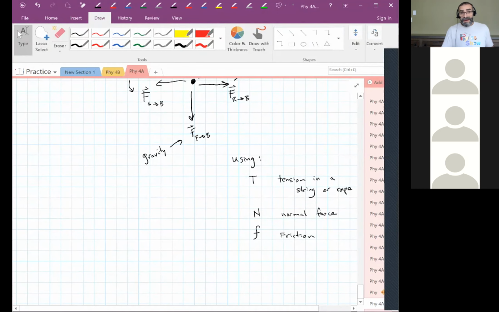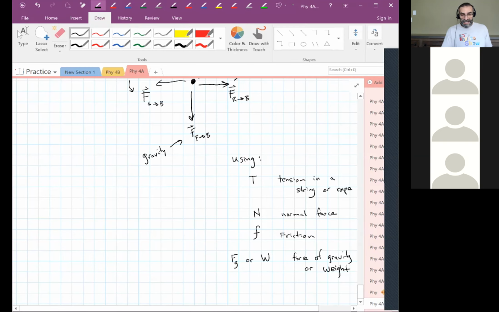Now, the force of gravity, we have a lot of different choices for. Some people like to use F sub g, force of gravity. Some people use W for weight. Either way is fine. It's just that in physics, we have a lot of W's. In a couple of weeks, W is going to stand for work.